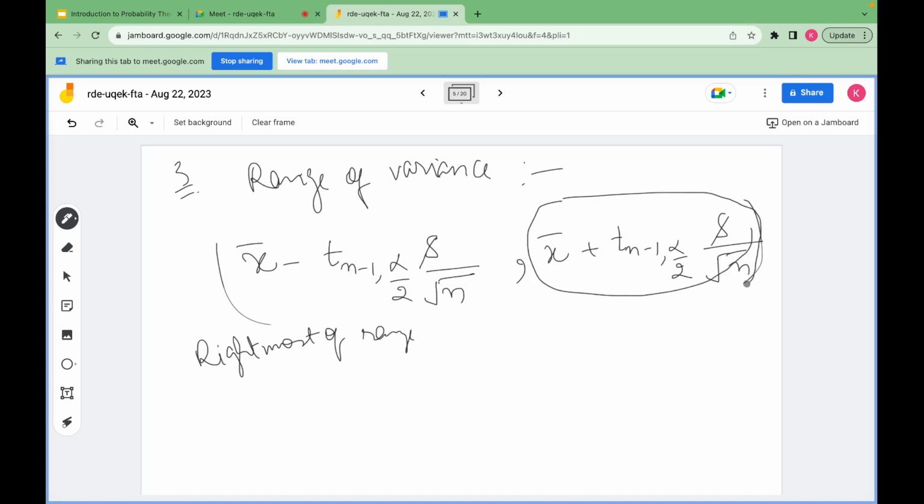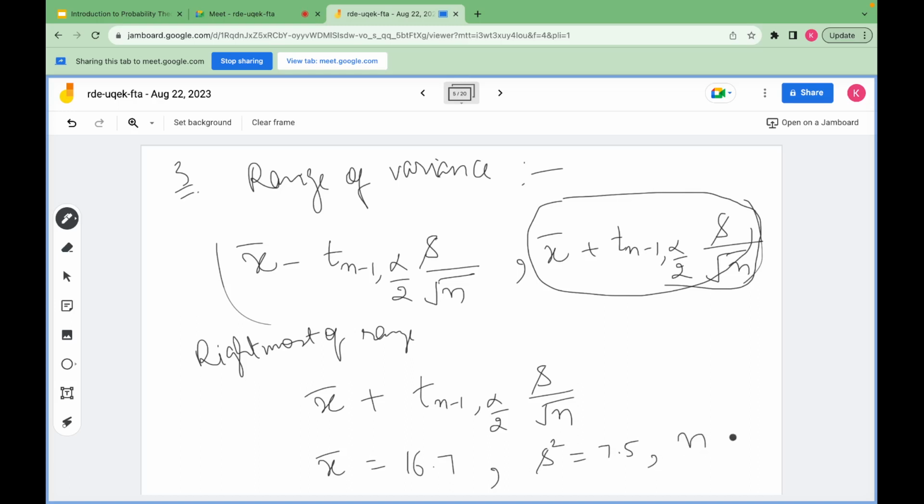So we need to find x bar plus t(n-1, alpha/2) s upon root n. X bar is given as 16.7, s square is given as 7.5, and n is 16.